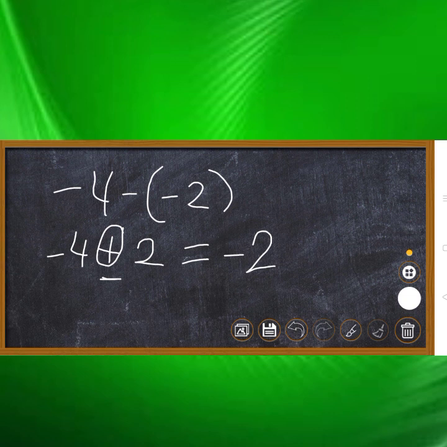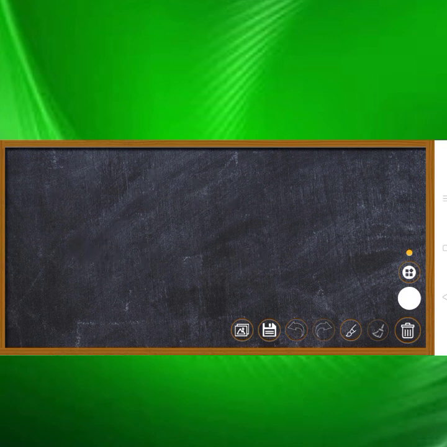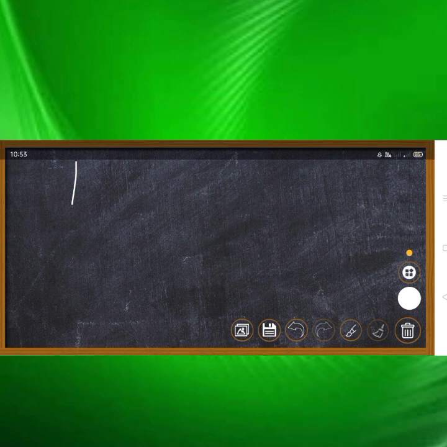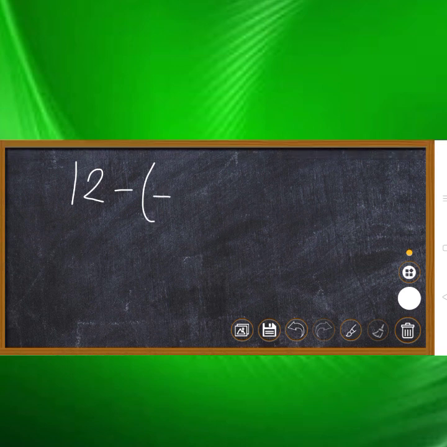Okay, let's have the last two examples. Positive 12 minus negative 8 equals. So, let's keep the minuend, positive 12. Change the sign, minus into plus.